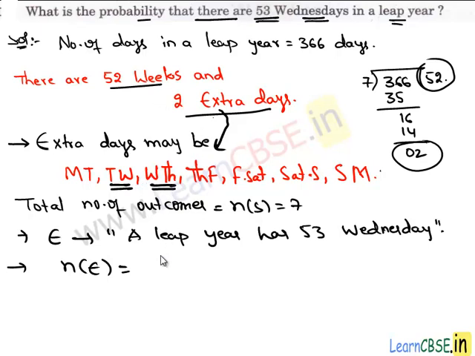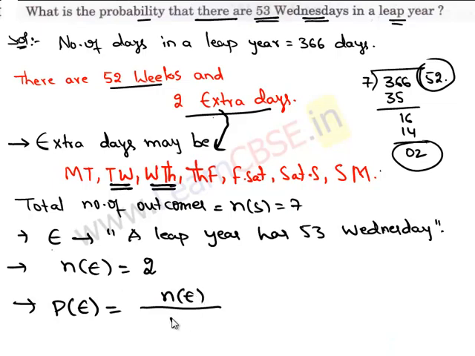Then we get 53 Wednesdays. So totally the number of favorable outcomes to this event E is 2. And our aim is to find the probability that there are 53 Wednesdays. So it is the ratio of the total number of favorable outcomes to event E to the total number of outcomes, that is n of E upon n of S. And we have their values, which is 2 upon 7. So in a leap year, the probability that there are 53 Wednesdays is 2 upon 7.